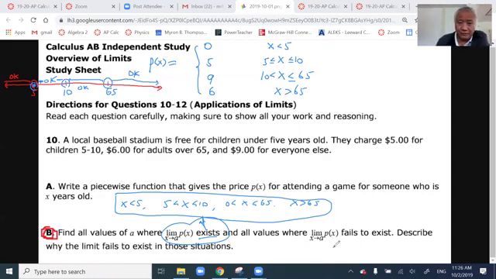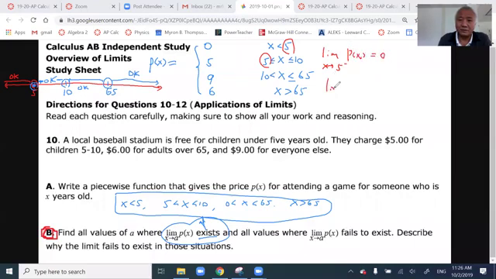But all the values where the limit fails to exist are only at the joints. That's here, 5. Because the left limit, when x approaches 5 from the left side, the price function will be equal to 0.